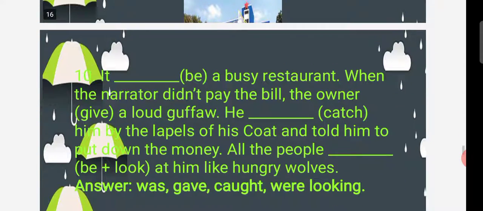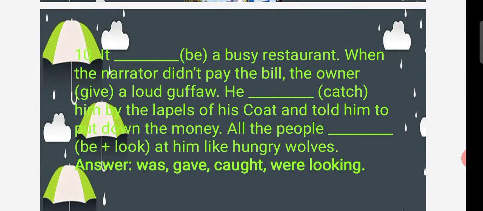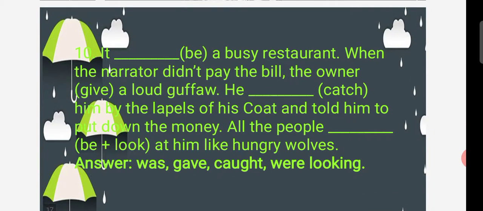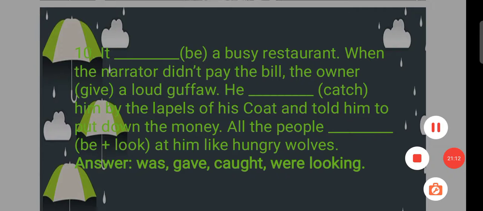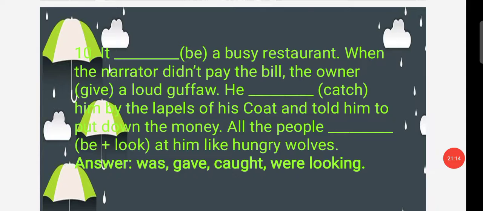Next question, 10th one. It dash a busy restaurant. So again, past form of be is was. It was a busy restaurant. When the narrator did not pay the bill, the owner gave a loud guffaw. Give, past tense is gave. Catch, past tense becomes caught. You are making mistakes with caught. C-O-T you are writing, it is wrong.